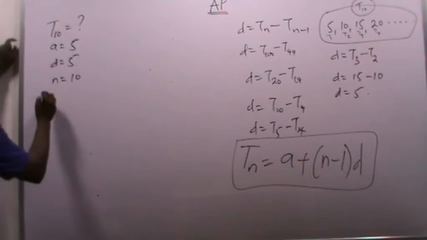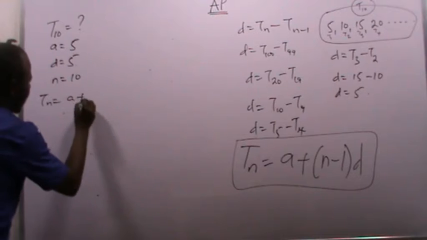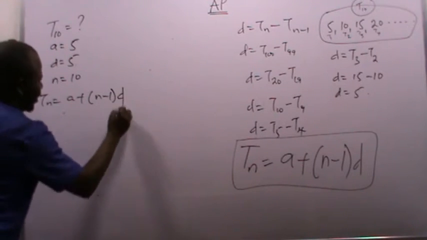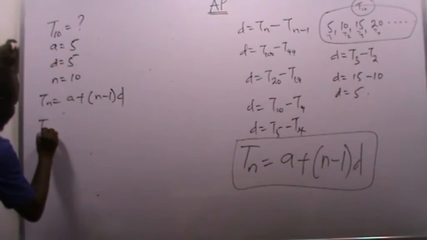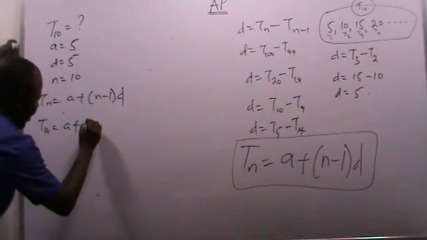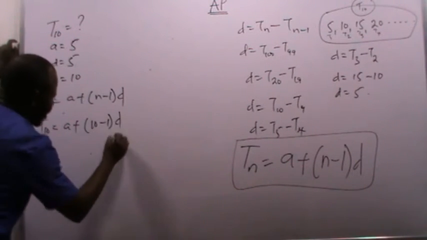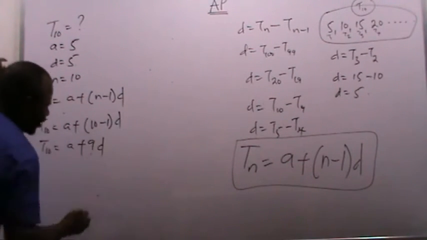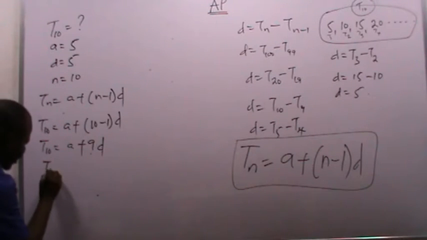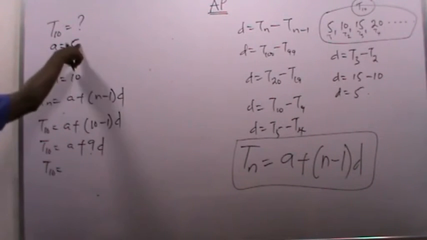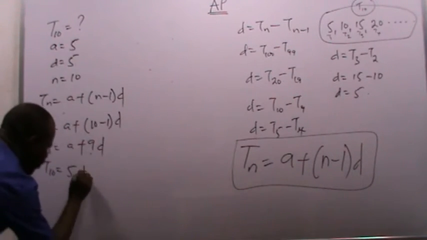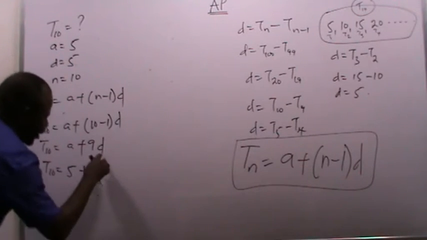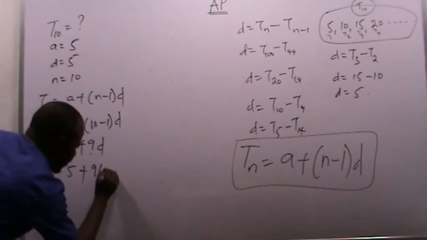So what is the formula? Tn equals A plus (n minus 1)D. So it means T10 will be A plus (10 minus 1)D. So T10 will be A plus 9D. What is A? 5, plus 9D. What is D? 5.